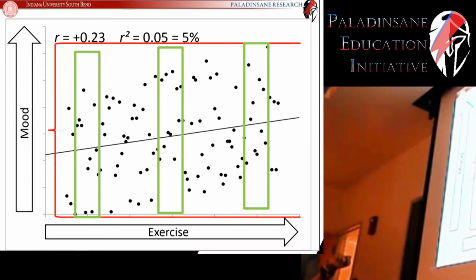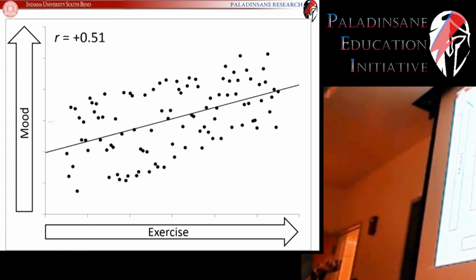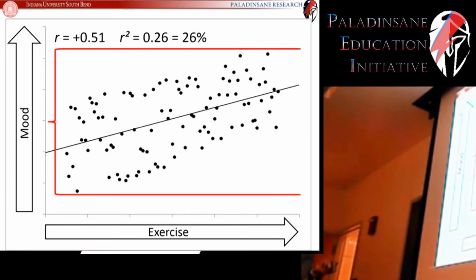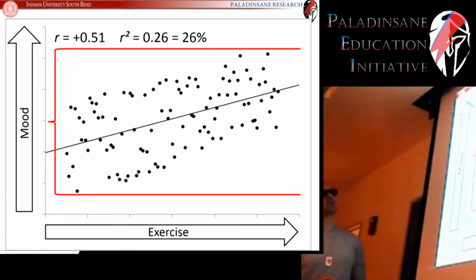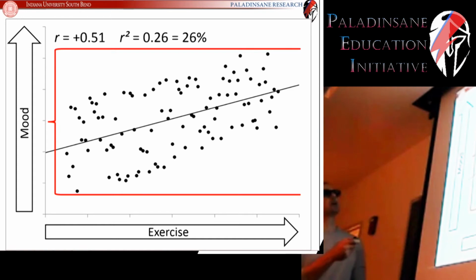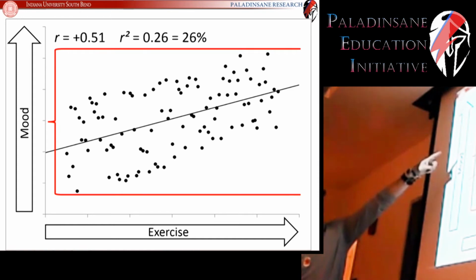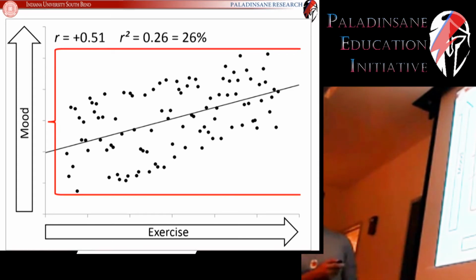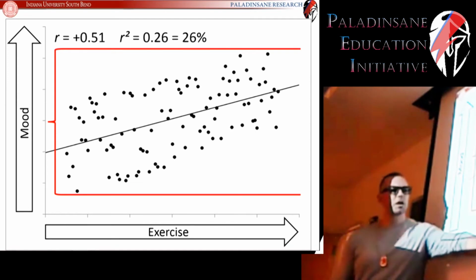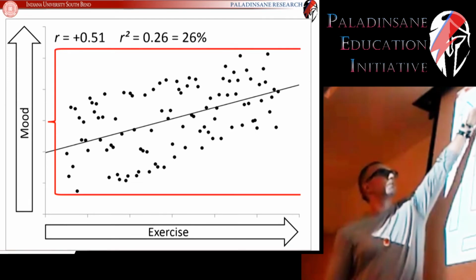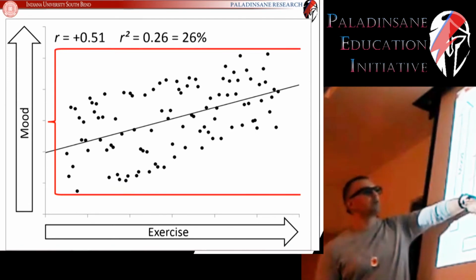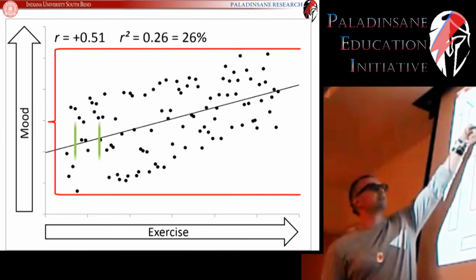And the higher your effect size, the stronger your correlation, the more reduction in uncertainty you can get. So for this relationship here, slightly stronger with a correlation coefficient of 0.51, you square that, you get 26%. Knowing about exercise right now will reduce this uncertainty from 100% down to 74%.